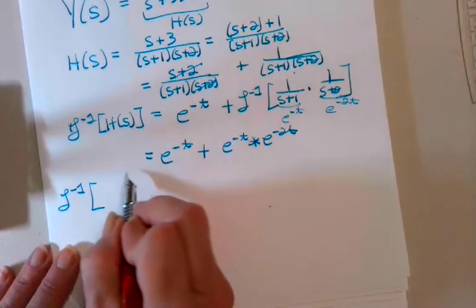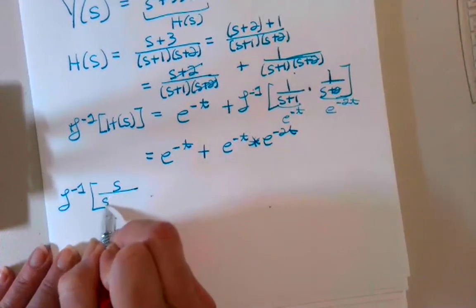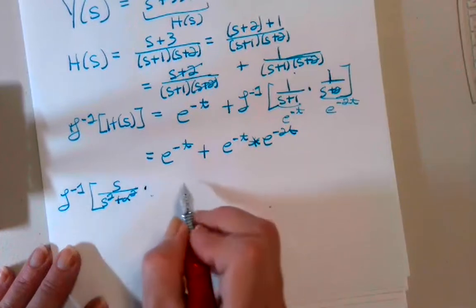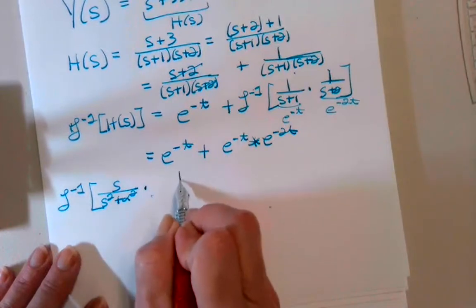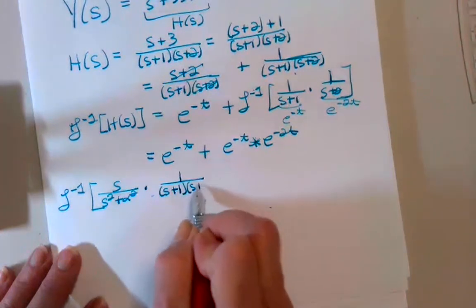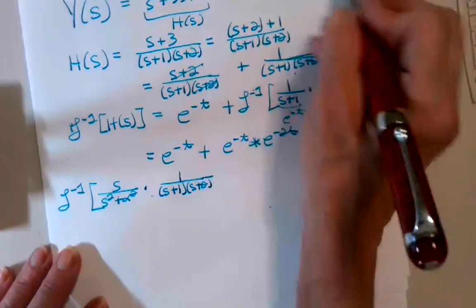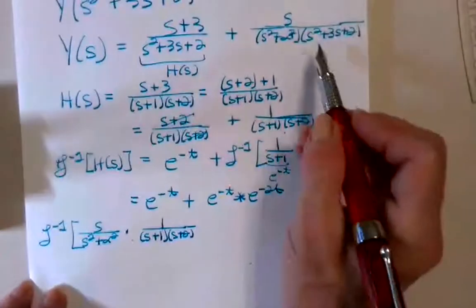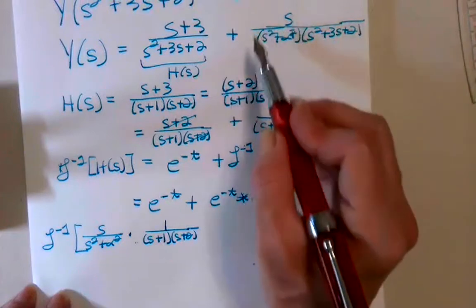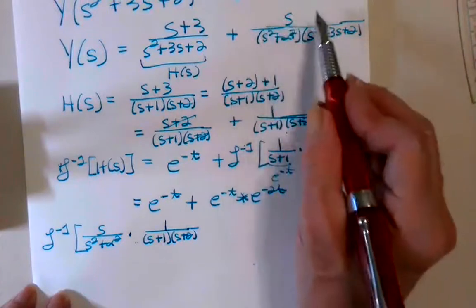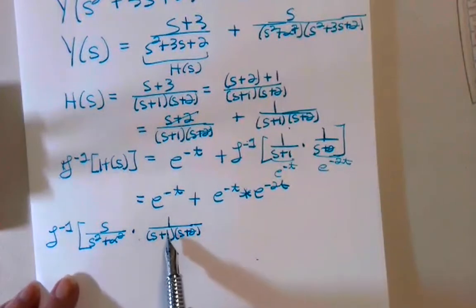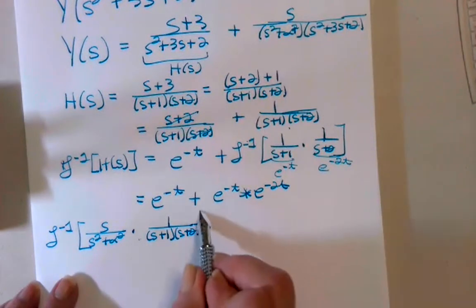I'm going to think of that as s over s squared plus alpha squared times 1 over (s plus 1)(s plus 2), which is the second term in this denominator up here. I break it into two pieces. I take this one by itself times that piece. That's what I wrote down here, except I factor that denominator.